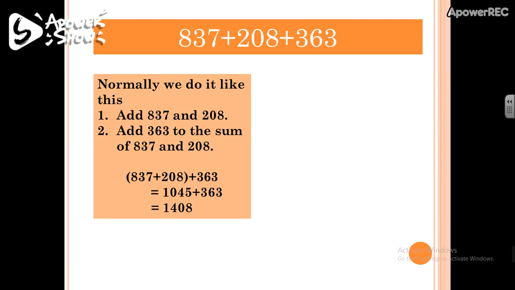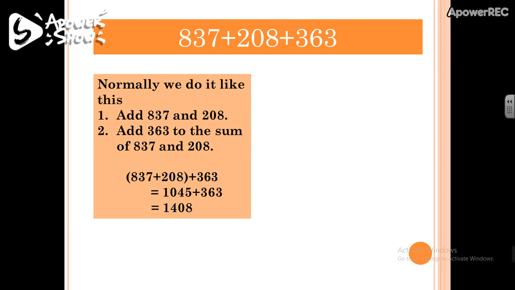Normally we proceed like this. First of all, we add 837 and 208, and after finding the sum of these two numbers, we add 363 to it. So first add 837 and 208.